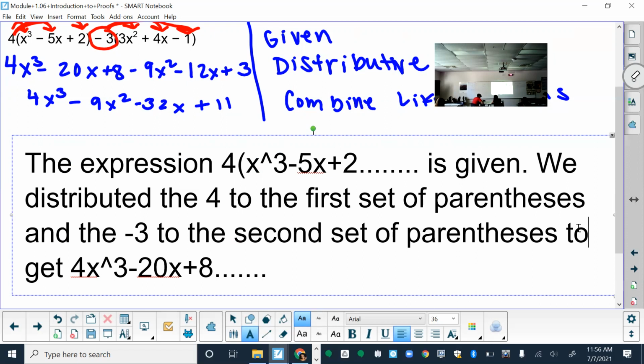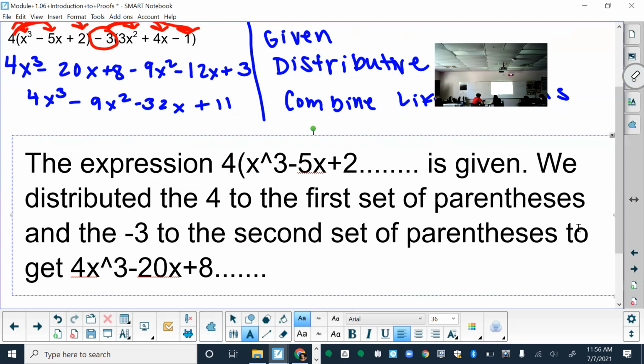All right, so you guys will be trying to create your own proofs yourself. So you will be making paragraph proofs, but in order to make a paragraph proof, you need to create a 2-column proof first. So you have practice 1 and practice 2. If you have trouble with the algebra of it, I can definitely help you.